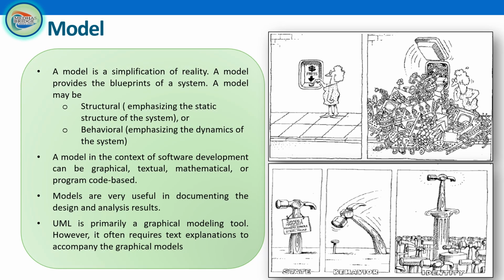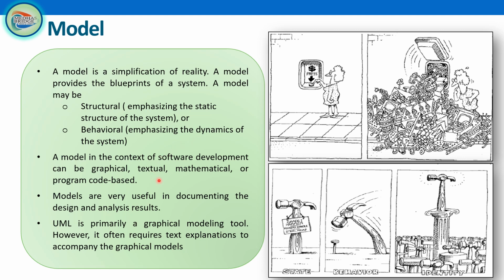Let's look at a model. A model is a simplification of reality. A model provides a blueprint of a system. A model may be structural or behavioral. Structural means emphasizing the static structure of the system. Behavioral means emphasizing the dynamics of the system.